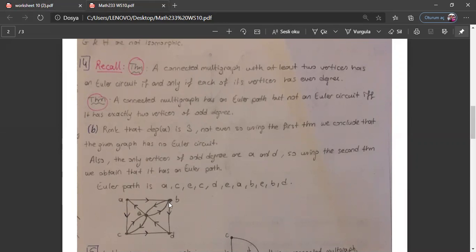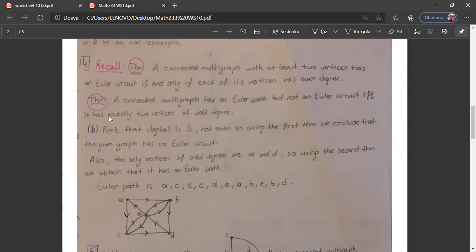And we can check the rest, right? If there is a vertex of odd degree, we see D has odd degree too, and the remaining vertices have even degree. So using the second theorem, because we found only 2 vertices of odd degree, we can use this theorem.